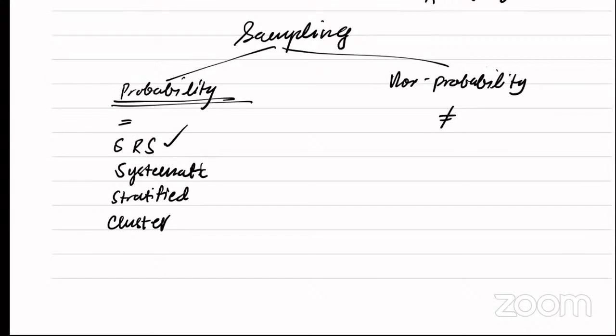And this is widely considered to be the best technique para maka-obtain ng representative sample. Again, yung simple random sampling natin is the best sampling technique to obtain a representative sample, and at the same time, ito rin po ay tinatawag nating fishbowl sampling or lottery sampling.